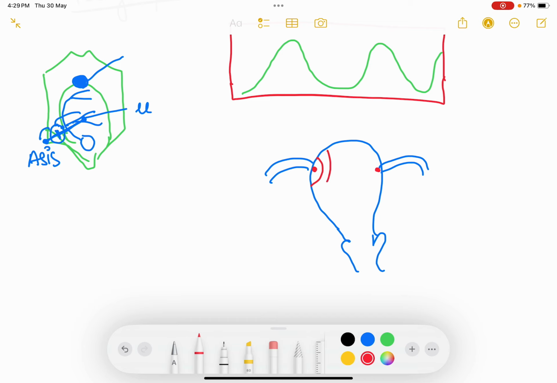So this pacemaker will start contractions which will go like this to the entire uterus, whereas this one will start contractions which will spread like this. Okay, so the point which gets maximum contractions fastest is the fundus of the uterus. So the toco probe is generally placed at the fundus of the uterus and the uterine contractions are measured.